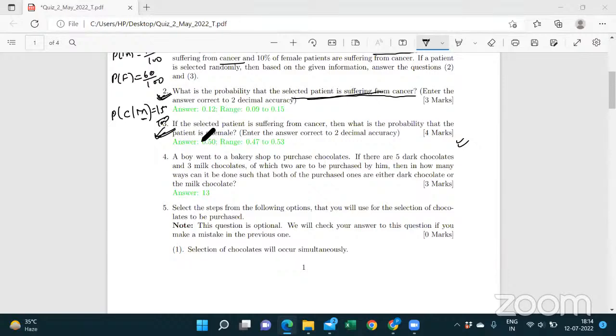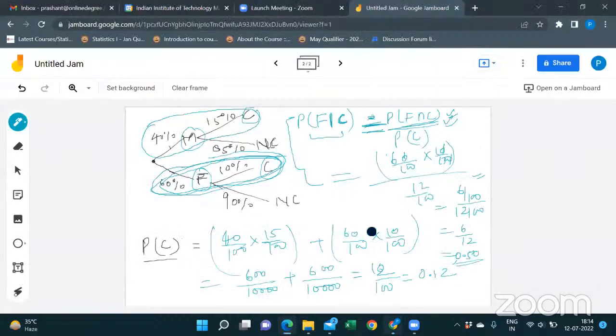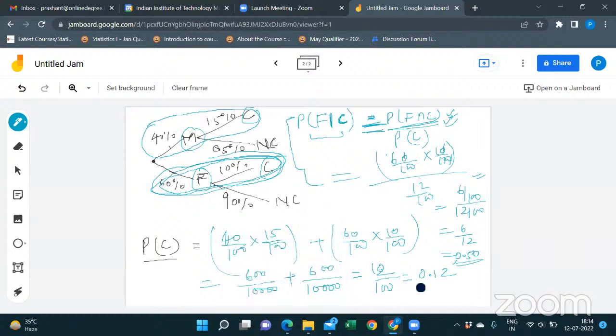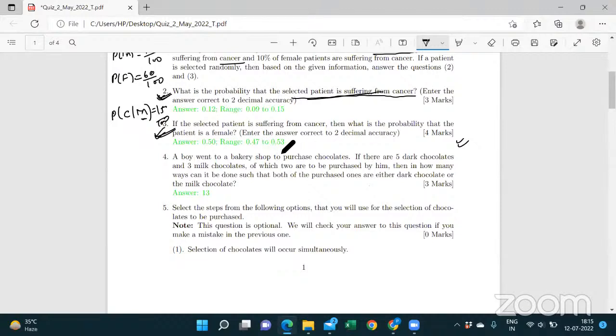Yes, I have solved it on the Jamboard. Please show the solution. See, this is the solution of question 3. Actually, here I did not have enough space, so I did it on Jamboard.